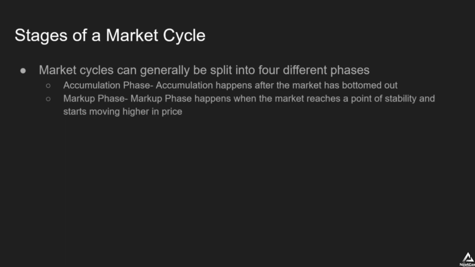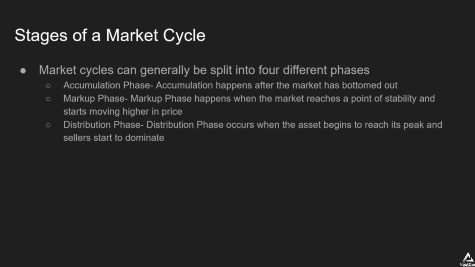This phase happens when the market reaches a point of stability and starts moving even higher in prices. There's the distribution phase. This occurs when the asset begins to reach its peak and sellers start to dominate. And then the downtrend. Downtrends occur when the asset price falls.